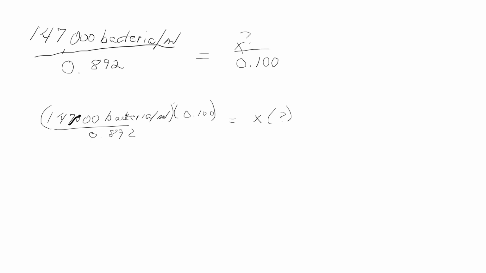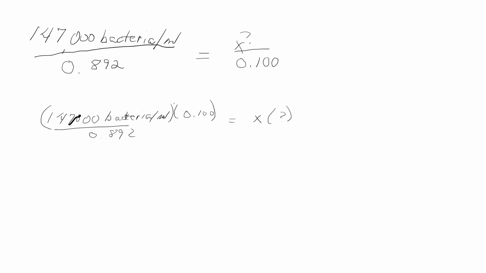Now, if I have my calculator handy, I take 147,000 times 0.1, and then I divide that by 0.892.